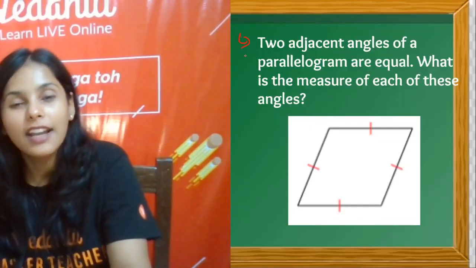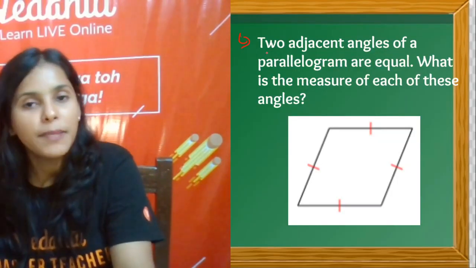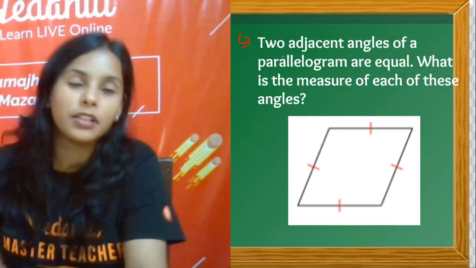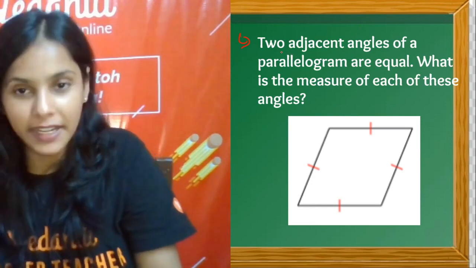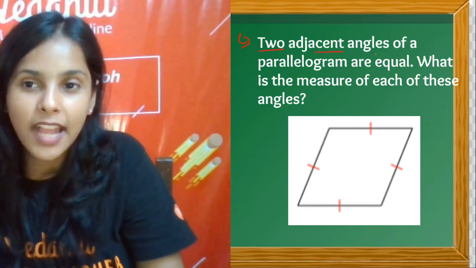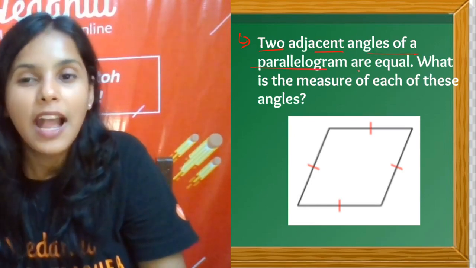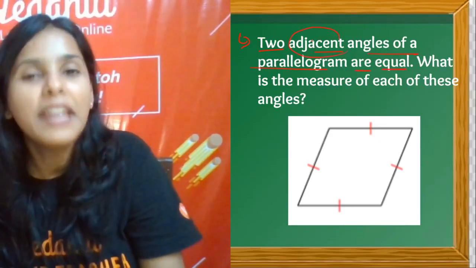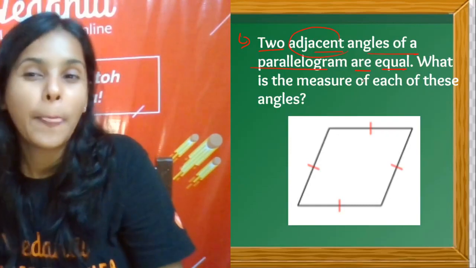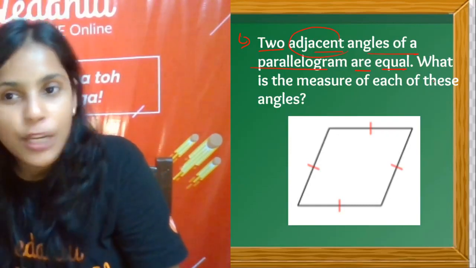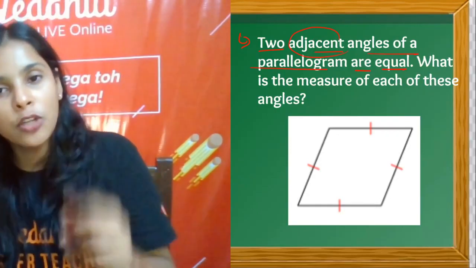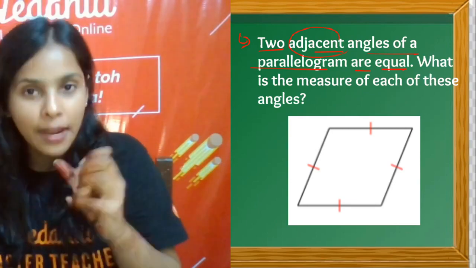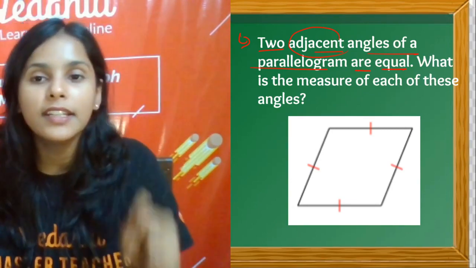Next question is again very simple. It may look complex to you, but these questions are really simple. You just need to observe the pattern. Two adjacent angles of a parallelogram are equal. What do we mean by adjacent? Neighbor angles. They are equal, and in a parallelogram we know that the sum of adjacent angles is equal to 180 degrees.